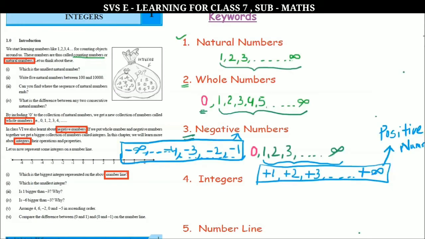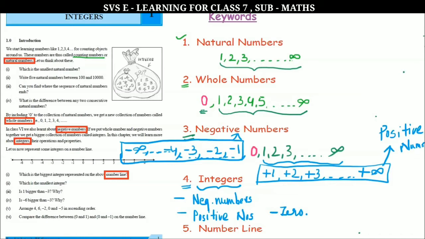Next, integers. Integers are nothing but negative numbers, positive numbers and 0.